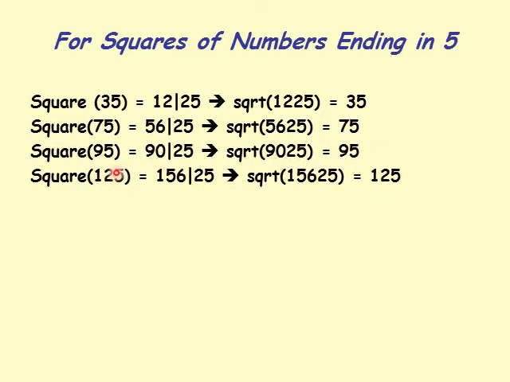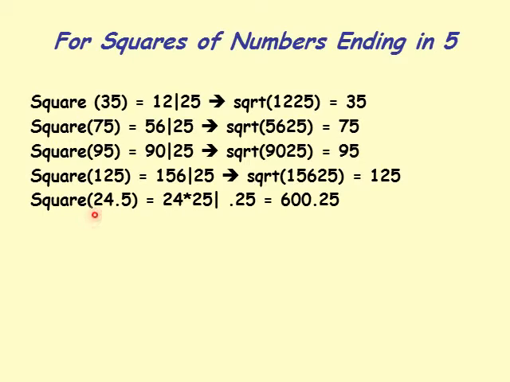We know the square of 125 is 15625. 156 is 12 times 13, so the square root of 15625 is 125. The 25 gives the 5 at the end, and 156 is 12 times 13, which gives me 12.